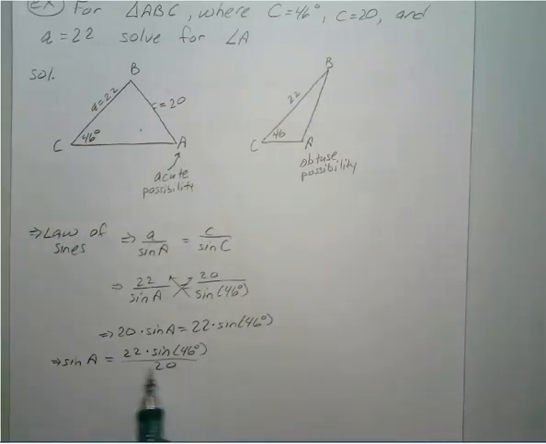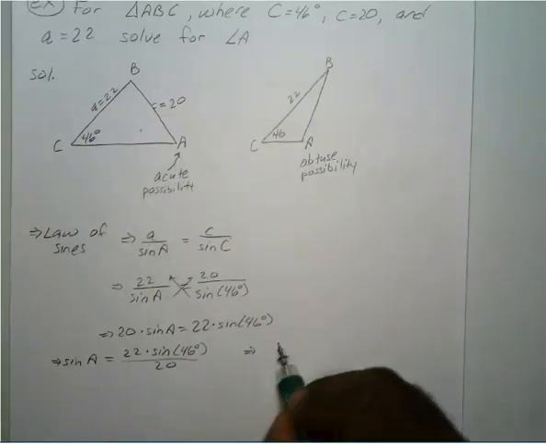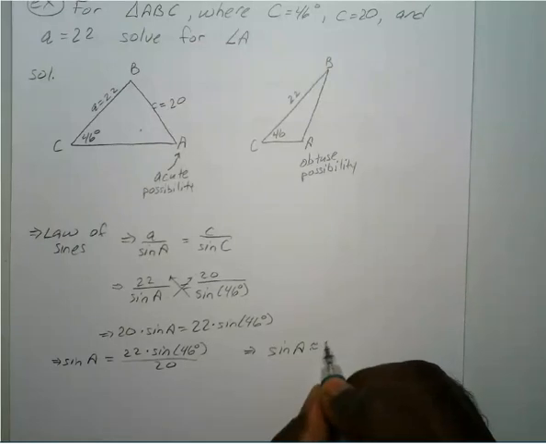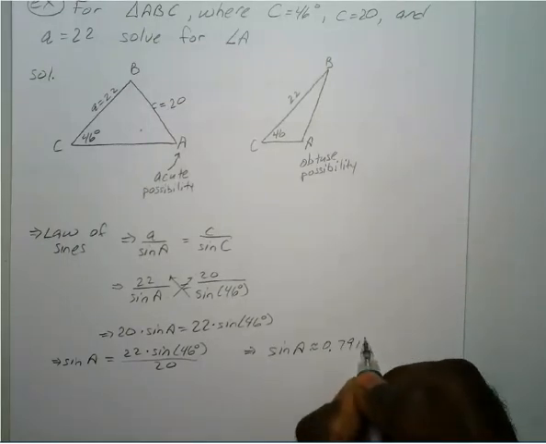Okay, so if we plug this into our calculator, we have sine of A is equal to about 0.7913.